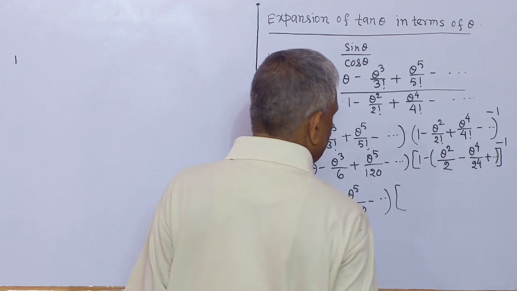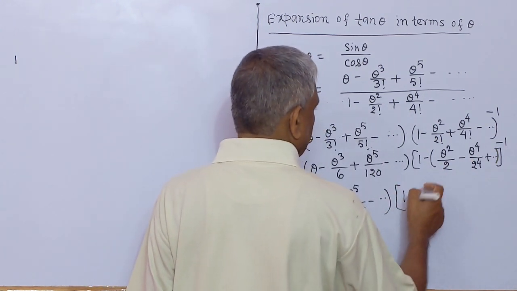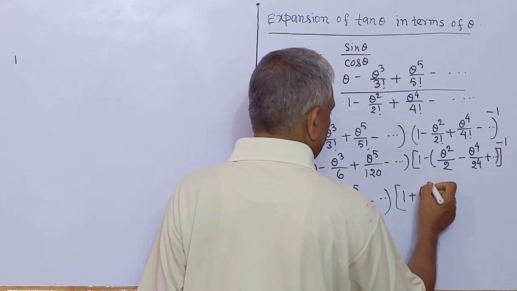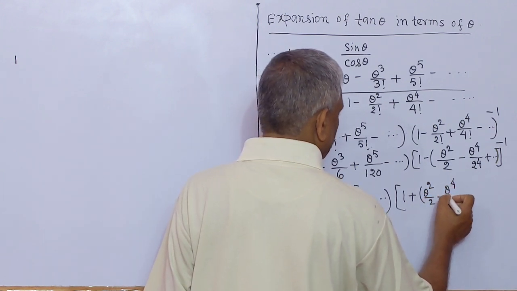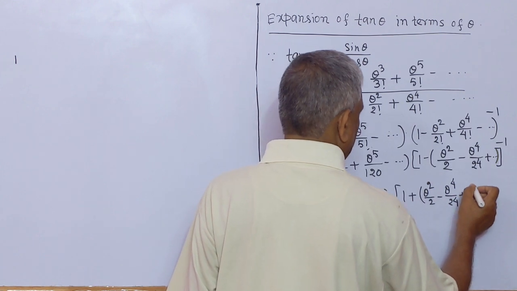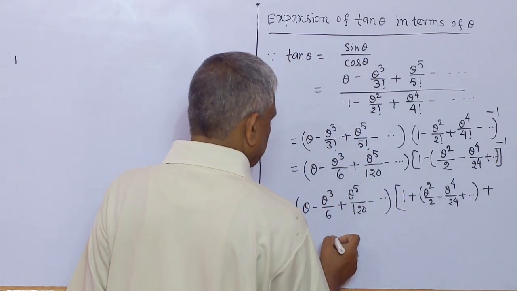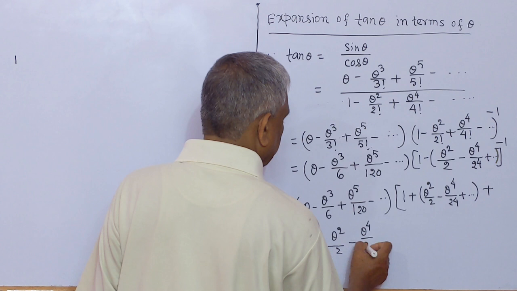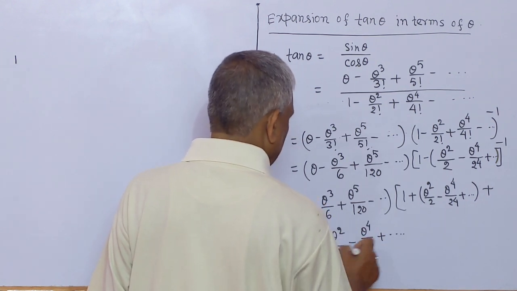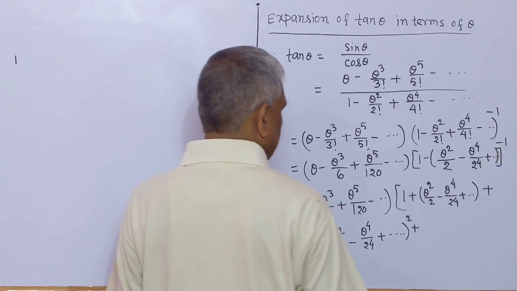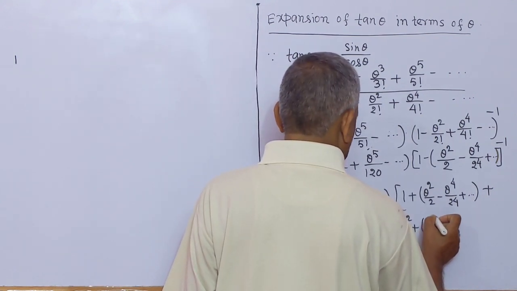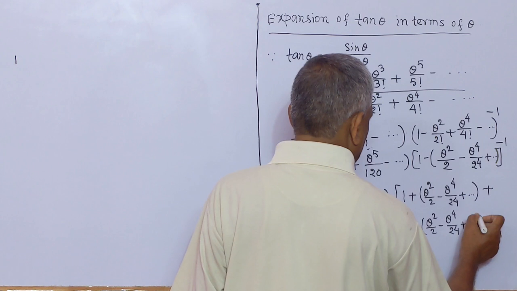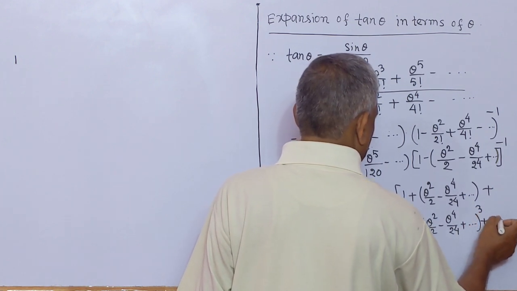Here we use the binomial expansion. So here minus, here minus, so all terms are positive. 1 plus theta square by 2 minus theta to the power 4 by 24 plus dot dot dot, plus theta square by 2 minus theta to the power 4 by 24 plus dot dot dot whole square, and then theta square by 2 minus theta to the power 4 by 24 plus dot dot dot cube, plus dot dot dot dot.